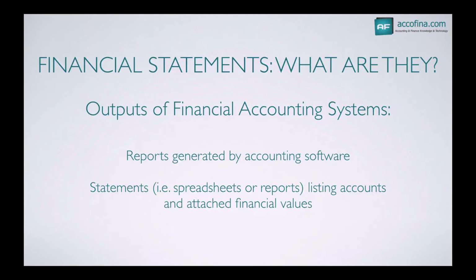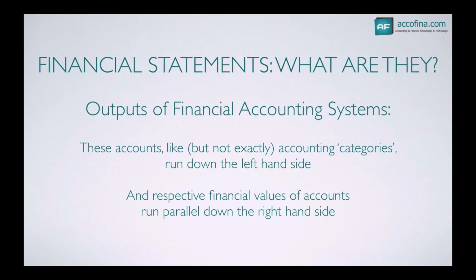All they really are is statements, in other words, spreadsheets or reports that list accounts and attach financial values to these accounts. Now, these accounts are like accounting categories, but not exactly accounting categories. That's just a way of explaining it for the time being. And these accounting categories run down the left-hand side of each individual financial statement, and the respective financial values of particular accounts run parallel down the right-hand side.